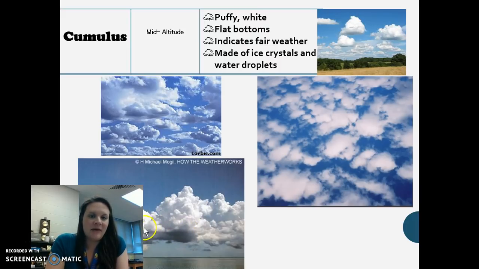So flat bottom and then it puffs up on top. They indicate fair weather, so good weather. And because they're mid-altitude, we tend to get them made up of ice crystals and water droplets, so kind of a mixture between the two.